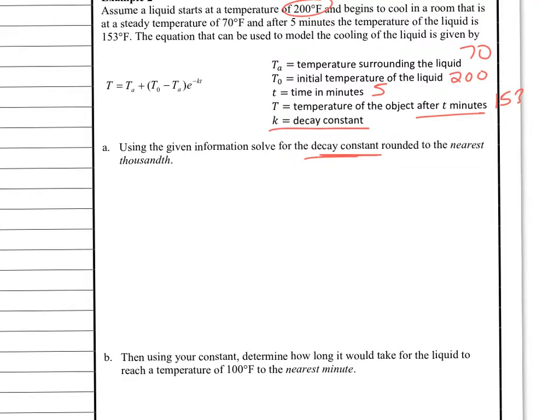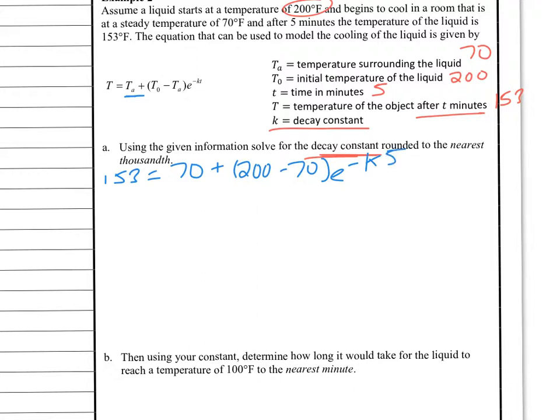Okay, the value of T, the temperature after a certain number of minutes, after the 5 minutes, is 153. So we start off with the 153 equals the temperature T sub A, which is the temperature surrounding the liquid, we said was 70, plus T sub 0, which is the initial temperature of 200, minus T sub A, the temperature surrounding the liquid, e to the negative K times T, which we said is 5.